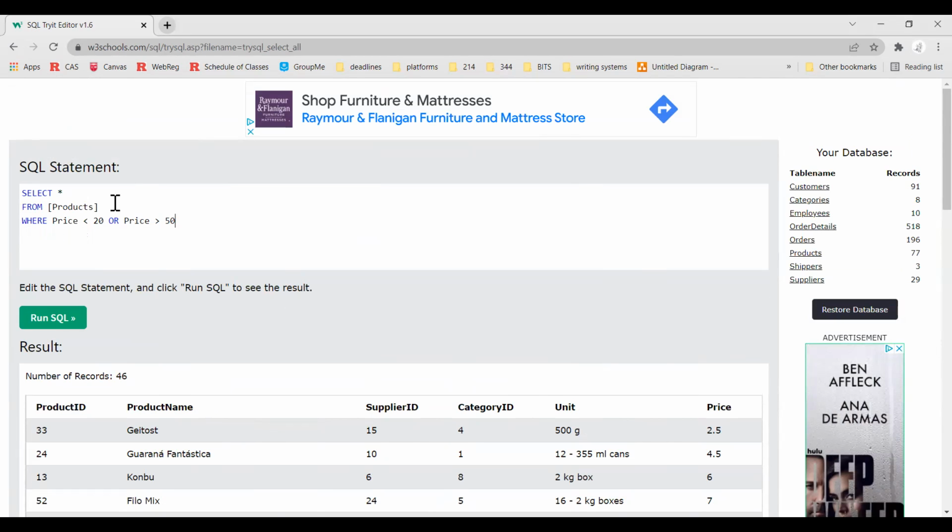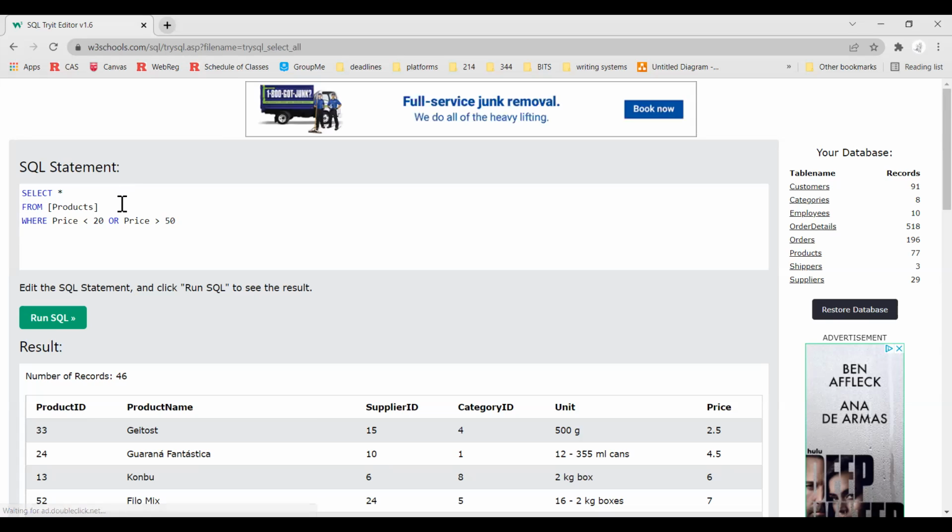So here's something that we haven't covered in the PowerPoint. What if we want to take the maximum value? So we want to know what is the most expensive thing in the products. So let's take product ID, product name.